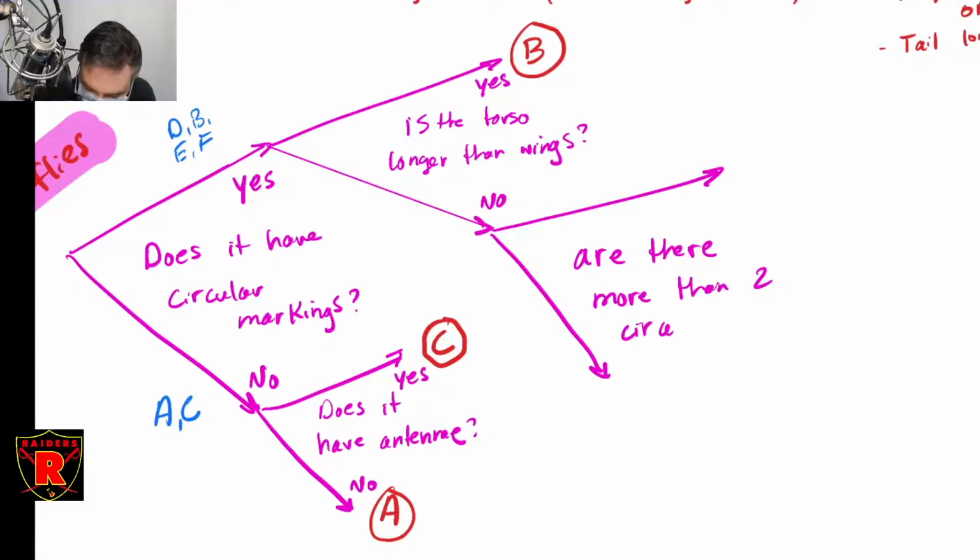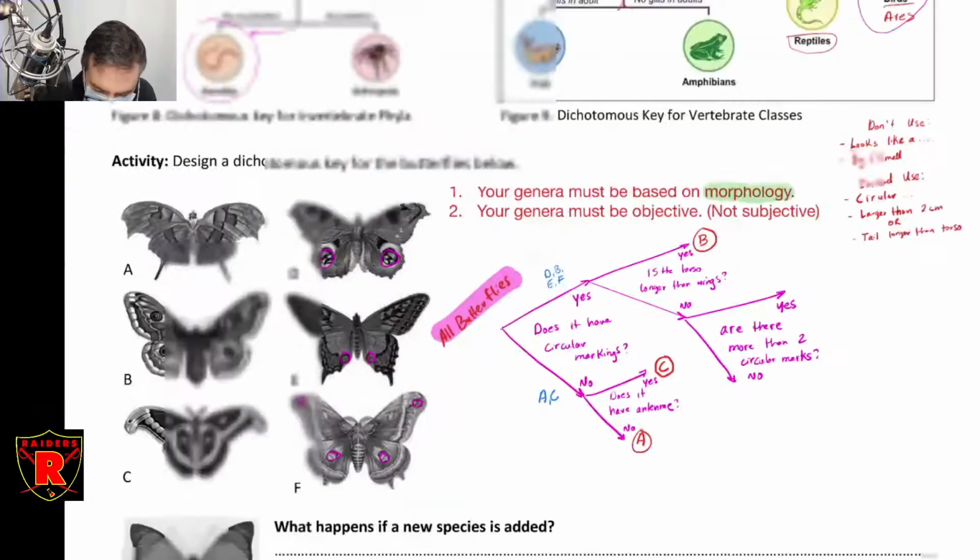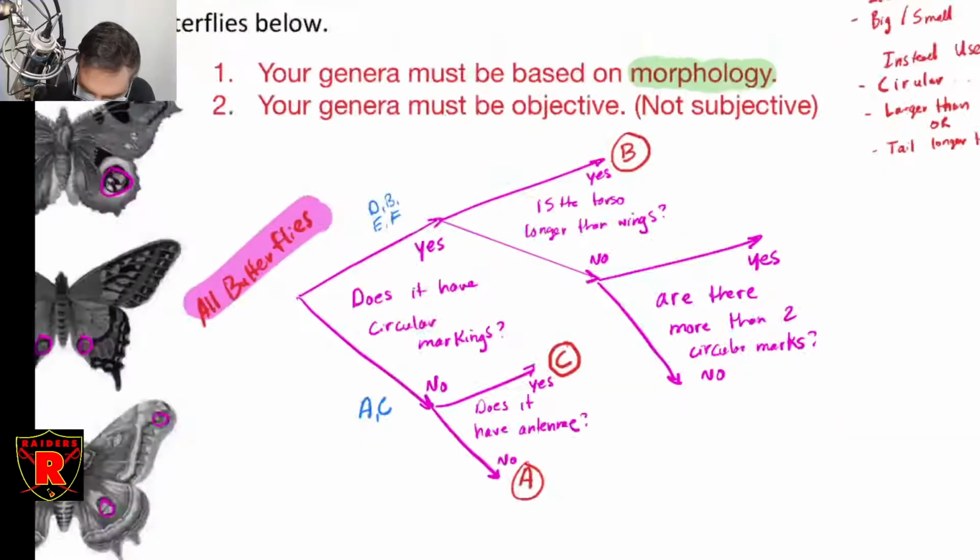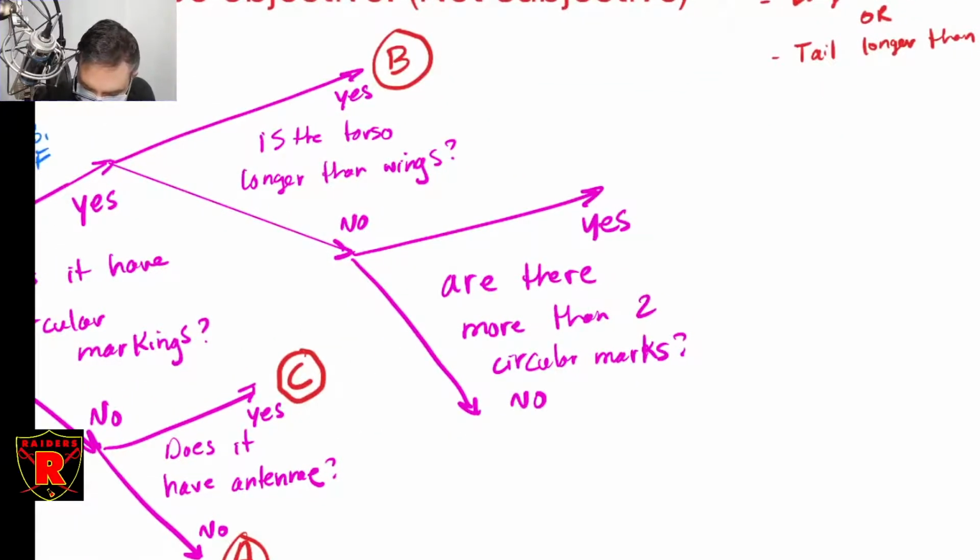Oops, I forgot how to spell the word circular here. Ah, what just happened? Made my eraser too big. There are more than 2 circular marks. Okay, so yes, no. So there's only one that has more. That's F. So our endpoint right here would be F.